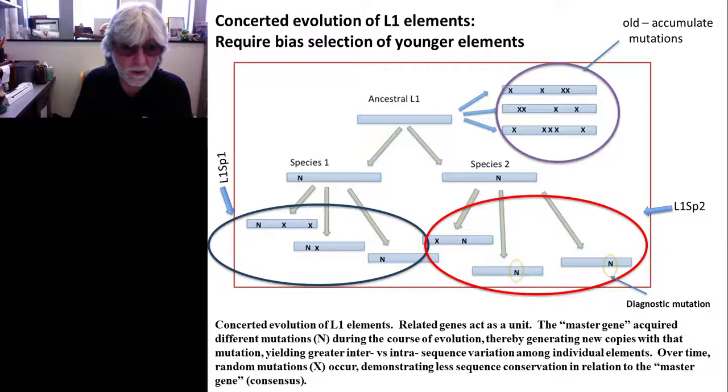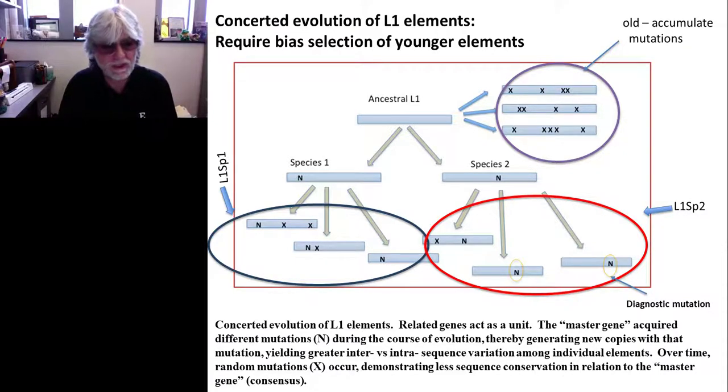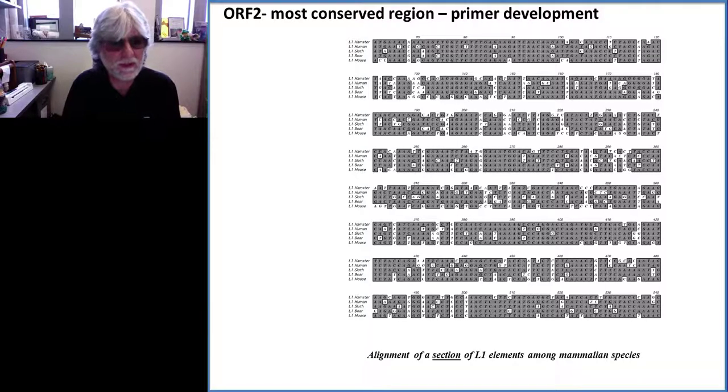And it'll still acquire random mutations, but the ones that are more similar to a consensus sequence, which represents the master gene, would be your younger elements. So species 1 would have an N at a certain position, a diagnostic nucleotide, and species 2 has its diagnostic nucleotide. So we want to bias for younger elements, and the ORF2 region is the most conserved region. So we develop primers based on the most conserved regions.